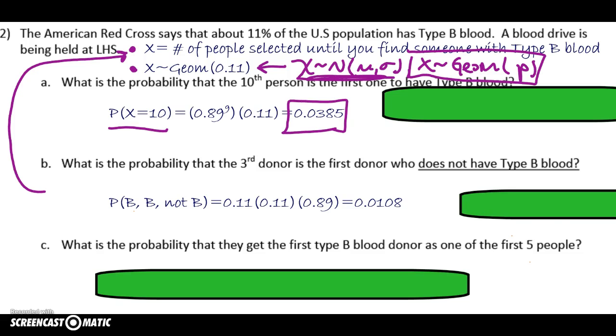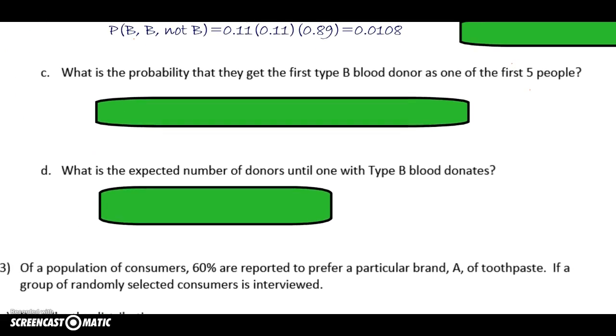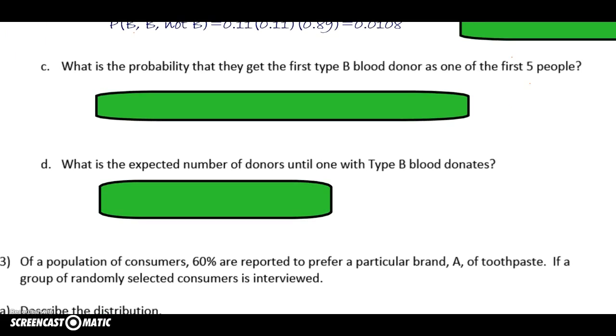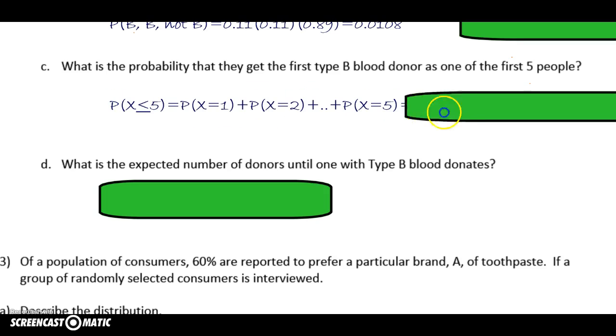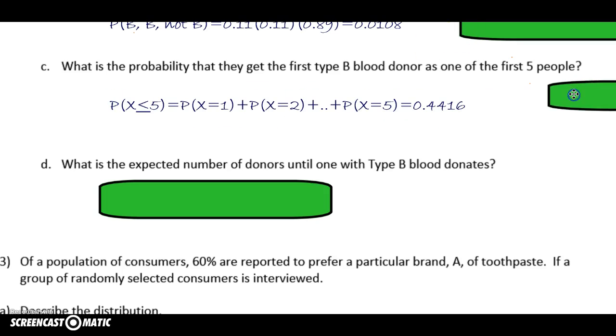All right, let's scroll down a little bit. What's the probability that they will get the first type B blood donor as one of the first 5 people? So here we're looking for the case where you could get your first type B blood donor on the first person, or on the second person, or on the third, or on the fourth, or on the 5th.